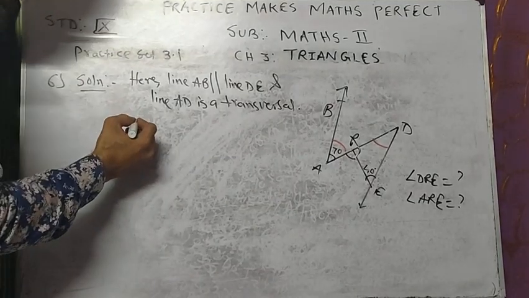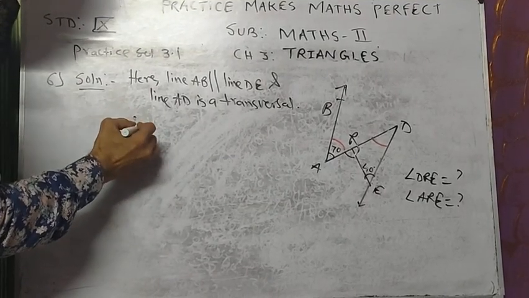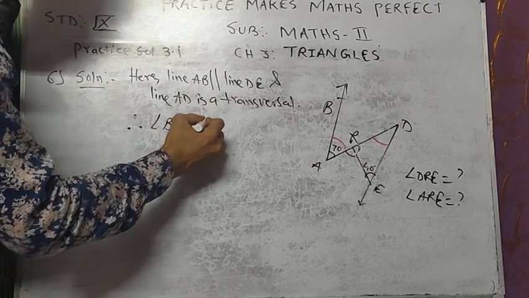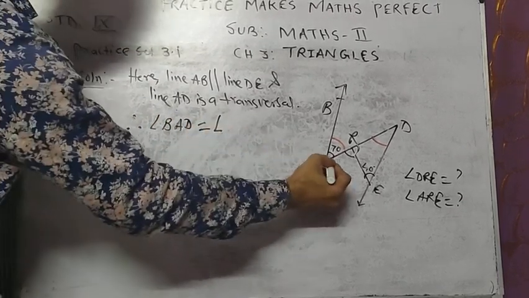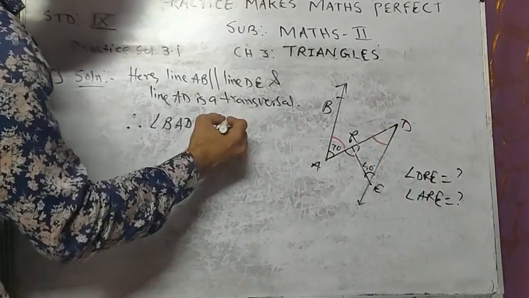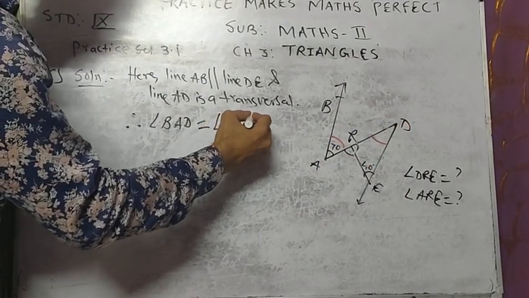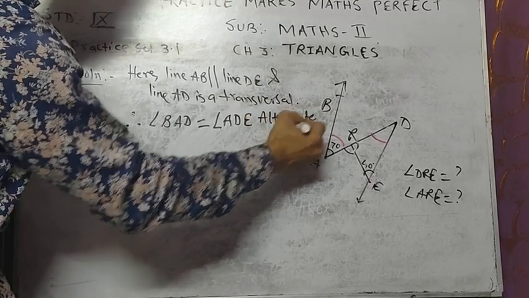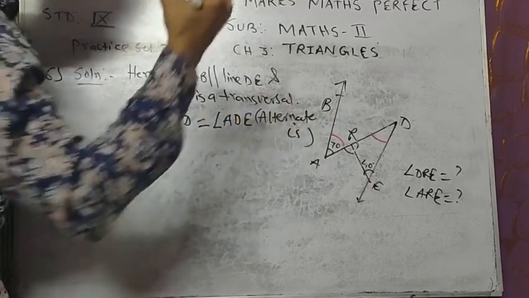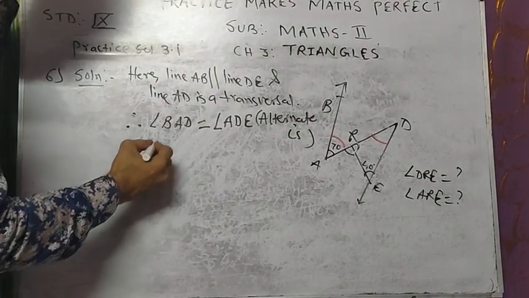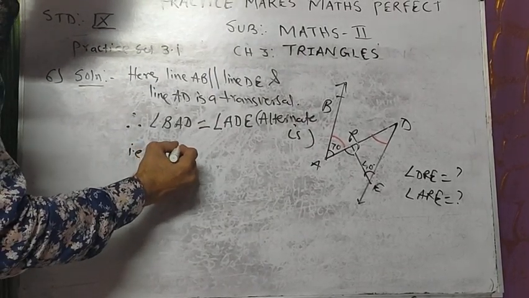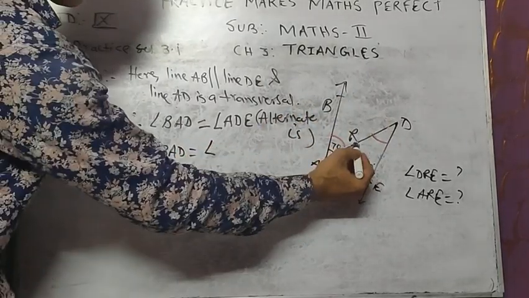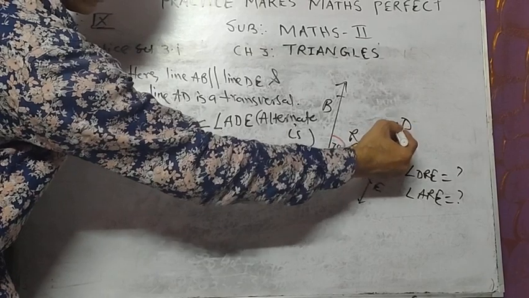Okay, so I am writing, therefore angle BAD is equal to angle ADE, alternate angles. That is angle BAD, this angle BAD is equal to angle RDE.